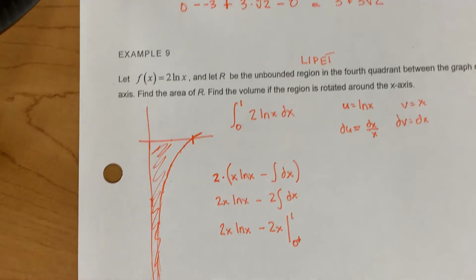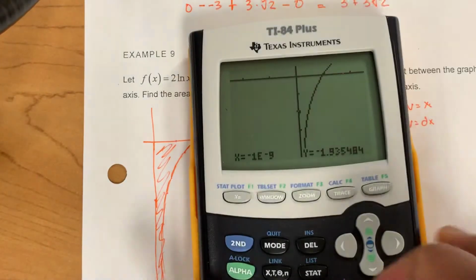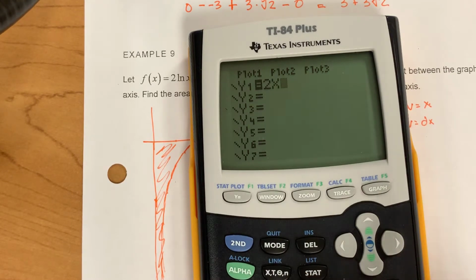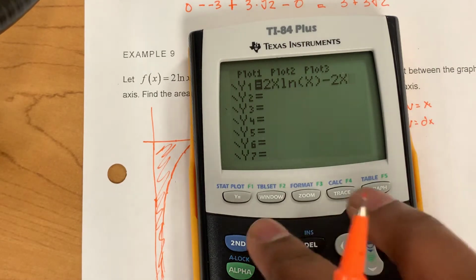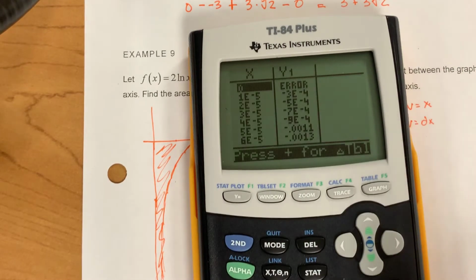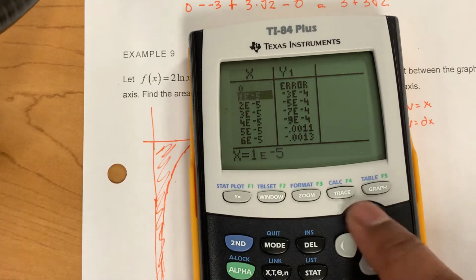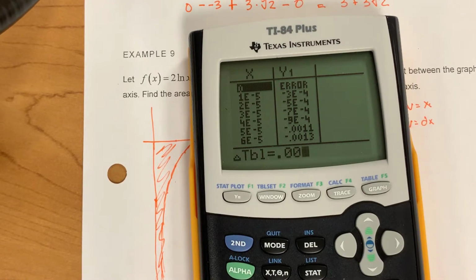So if we look at this curve, we're going to just put this in. We're going to have 2x ln x minus 2x. We're going to go to the table. And so when we are approaching, we'll do plus 0.001 instead.